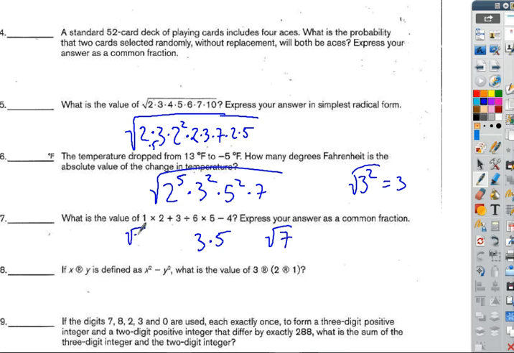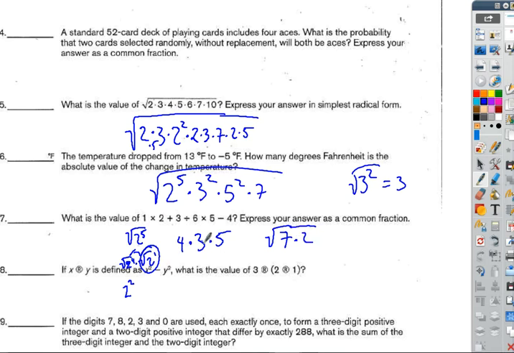The square root of 2 to the 5th can be expressed as square root of 2 to the 4th times the square root of 2 to the 1st. The square root of 2 to the 4th is simply 2 squared. What is 2 squared? That's right, 2 squared is 4. So I have an additional 4 here, but I still have the square root of 2, which I can't do much with, because the square root of 2 cannot be simplified.